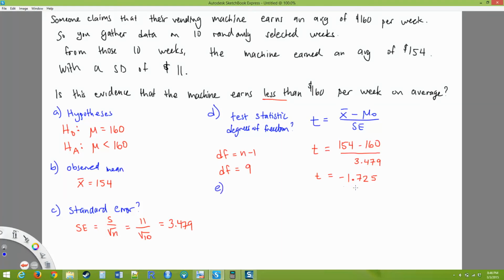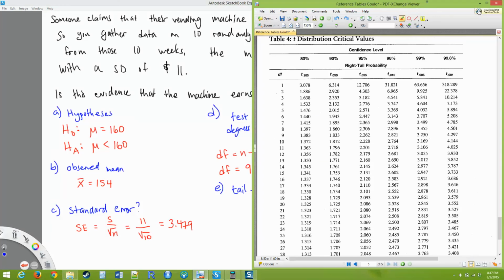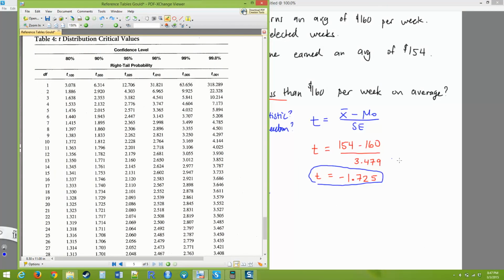So my test statistic is 1.725, and my degrees of freedom is 9. So what is the corresponding tail area, which in our case is going to be our p-value? What do I have to do for this? I go to the table, and I'm looking up negative 1.725, or because it's symmetric, I can look up 1.725 in 9 degrees of freedom.